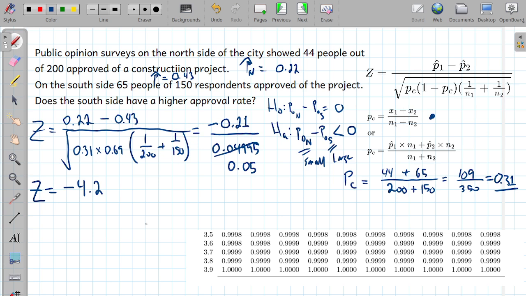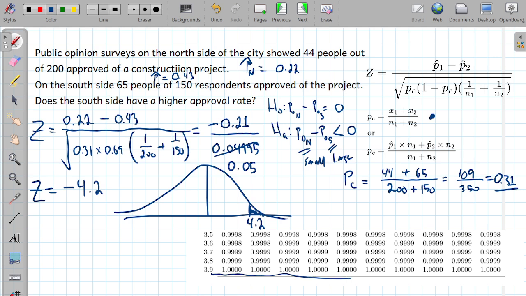As remember, the normal distribution curve is symmetric around the center. So if we think about z at positive 4.2, and we look here, well, the z tables typically end, here is 3.9, and I'm already at 100%. So that means the region here is essentially 0. But this is negative. So now I'm interested in this little sliver over here, negative 4.2.